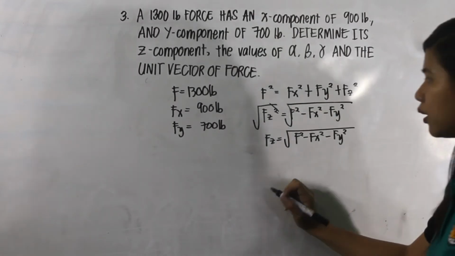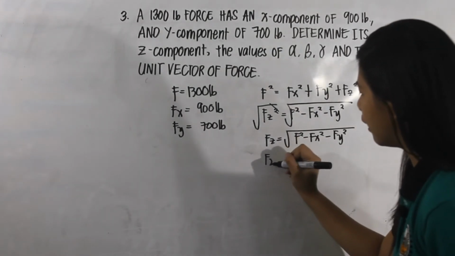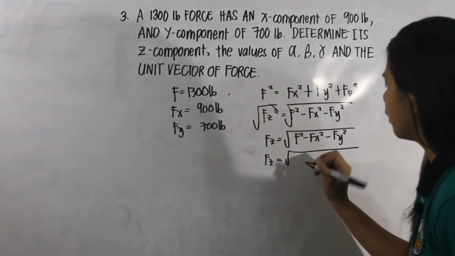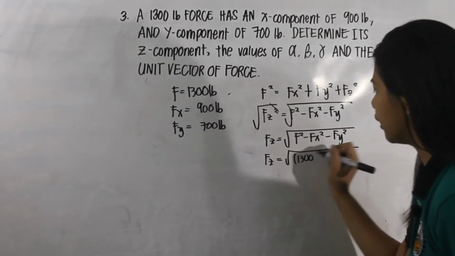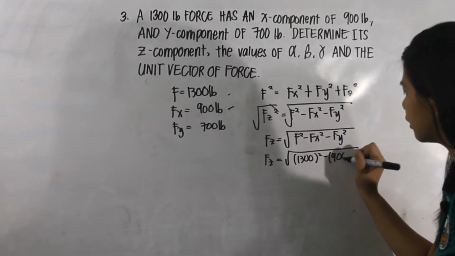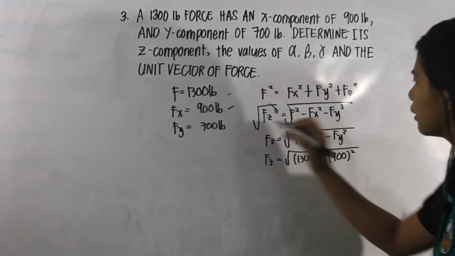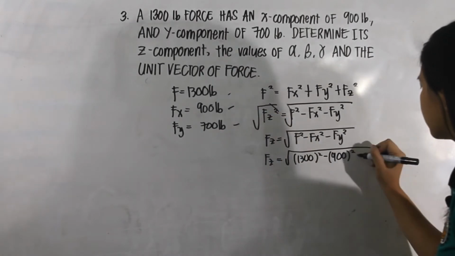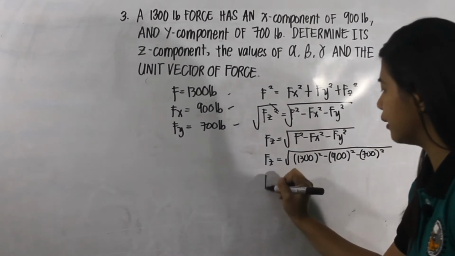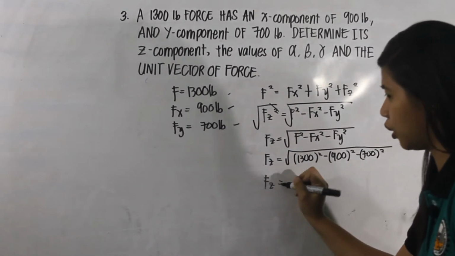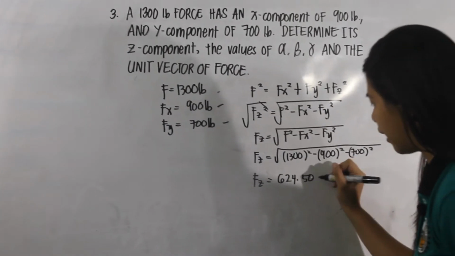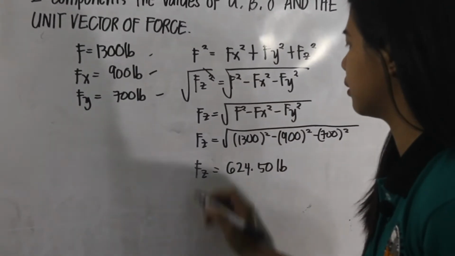Just simply substitute the given. We have Fz, the square root of 1,300 squared minus 900 squared minus 700 squared. And that will give us the answer of 624.5 pounds.